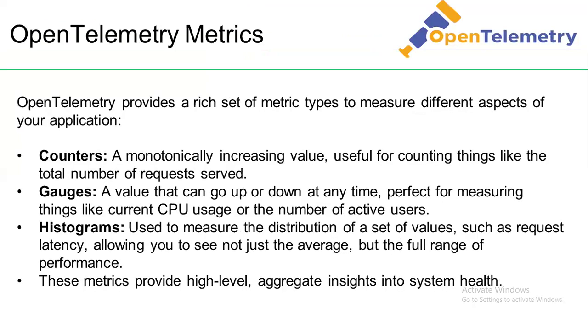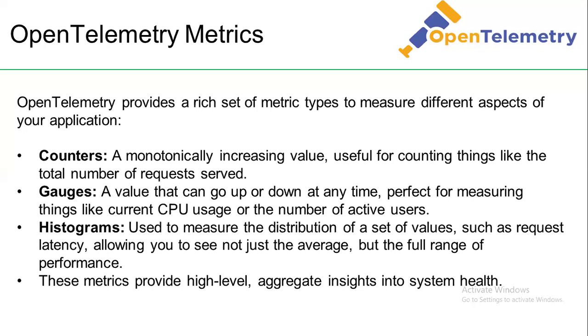So the next is OpenTelemetry metrics. OpenTelemetry provides a rich set of metric types to measure different aspects of your applications, like counters, gauges, and histograms. Counters typically only increase in value, useful for counting things like the total number of requests served.